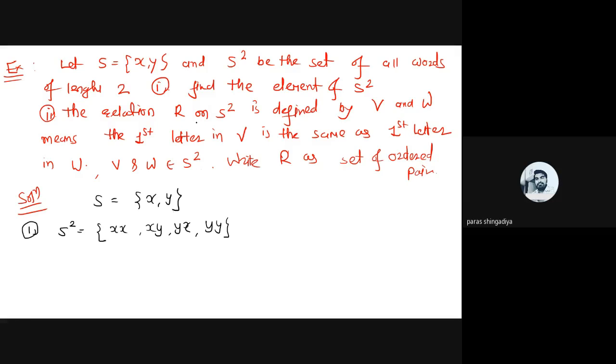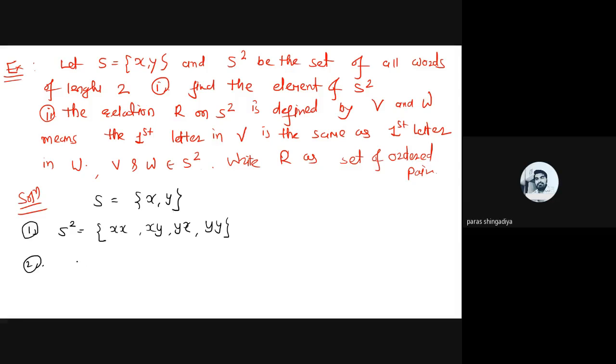And now in the second question, find the relation on S square defined by V and W, meaning the first letter in V is the same as the first letter in W, and V and W belong to S square, that should be part of S square.